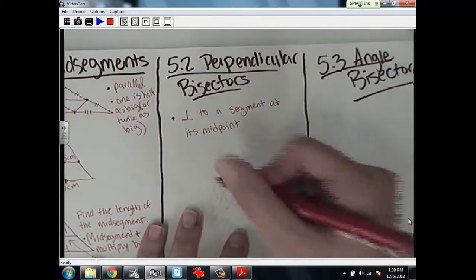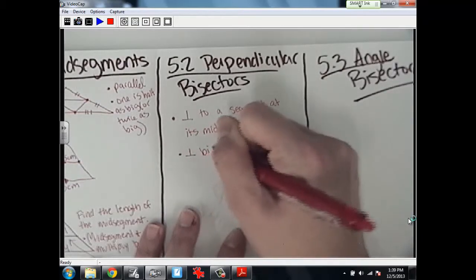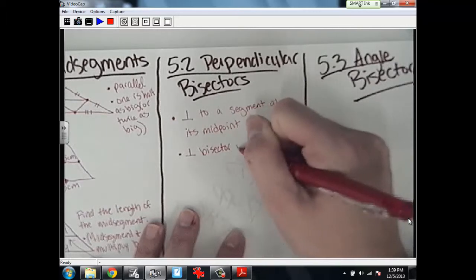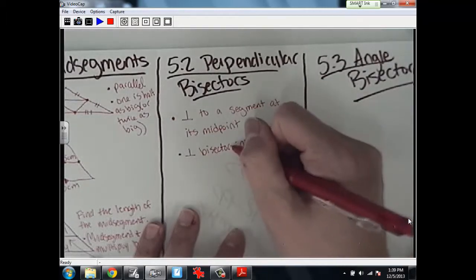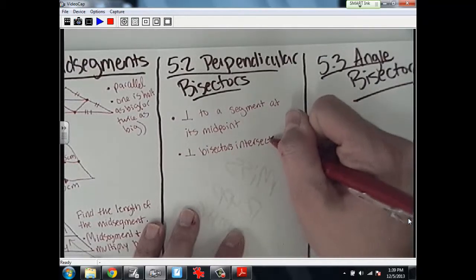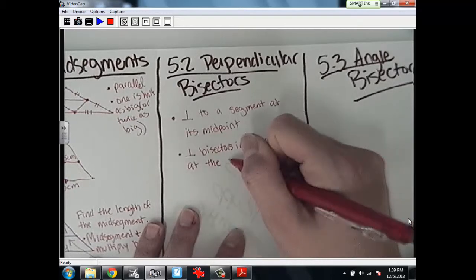And it also is this. Perpendicular bisectors intersect at the circumcenter.